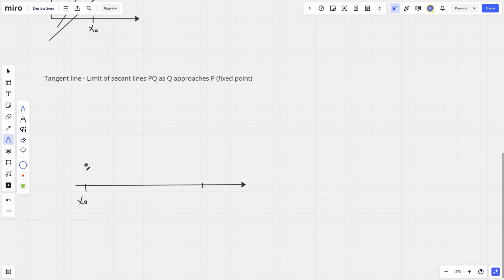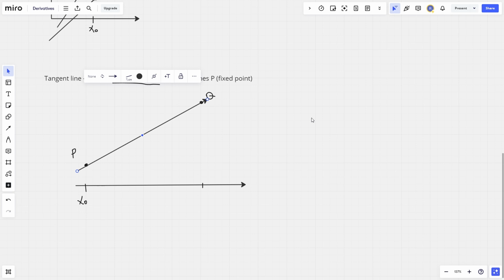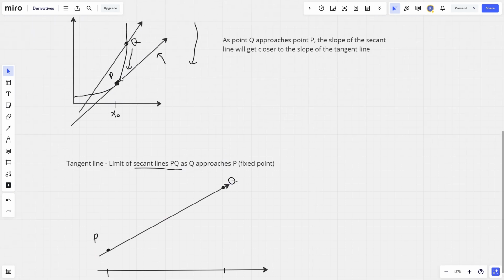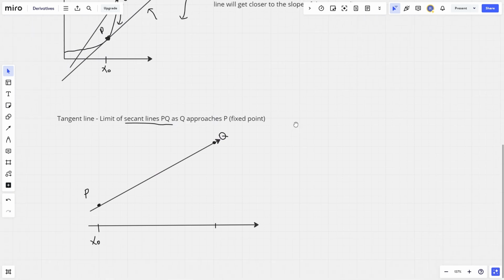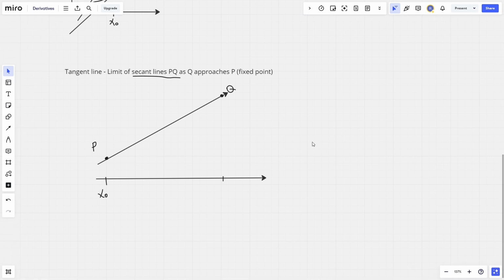We'll define it in just a second. And then I have my point P here, and then I have point Q here, right? So when we say the secant line PQ, it's going to look something like this. And if you look before, the secant line PQ will intersect the function exactly twice, because both points are on the function.